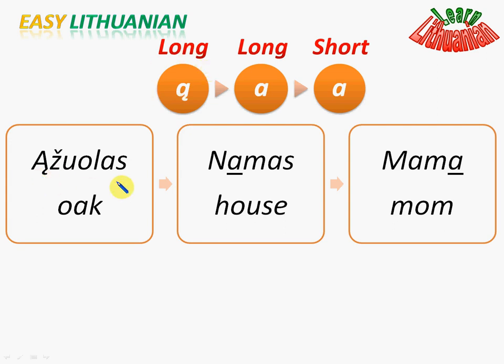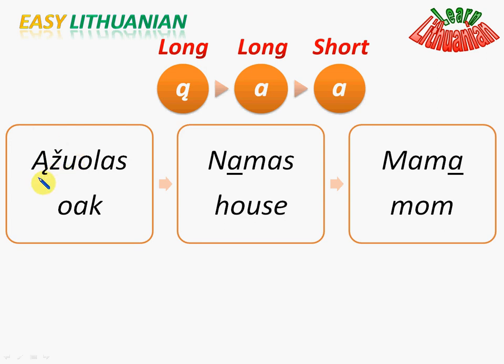Ąžuolas has A nosinė in its root, because in the old times people said a vowel and a consonant, and during time it turned into a long vowel, ąžuolas. So there are about 10 words where nosinė is written in a noun root.